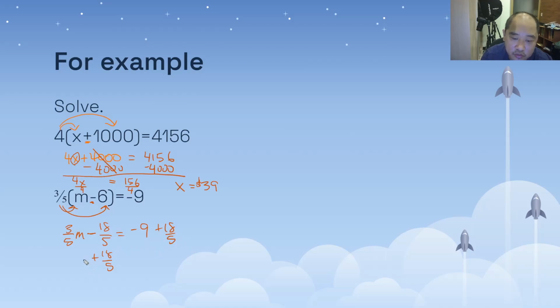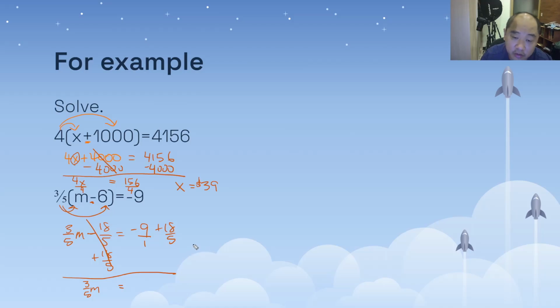And so that cancels this out. And this is 3 over 5m equals, oh, I've run out of space, huh? Let me make this a little bit higher. 3/5 m. Can you still see that? Yeah. Equals, and then we have to get the denominators the same.